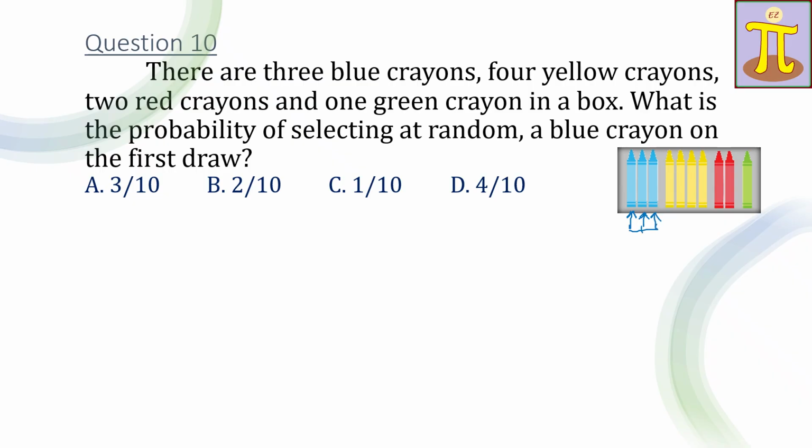So we have 3 choices. And 3 out of how many options? That 3, and then 4 of yellow, 2 of red, 1 of green. So in total we have 10 options, and we want to choose 3 out of that. So A is the correct answer, 3 over 10.